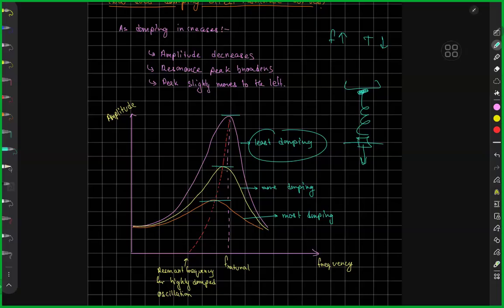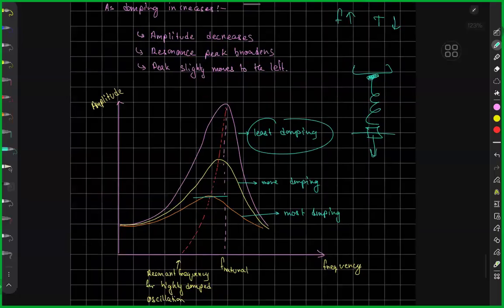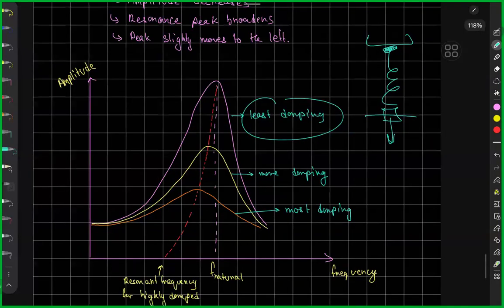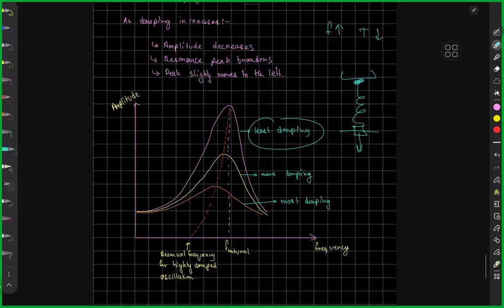So the natural frequency gets reduced. That is why you see this shift towards the left, right? So basically, the graph shifts to the left side as more and more damping is introduced, and the peak also decreases.